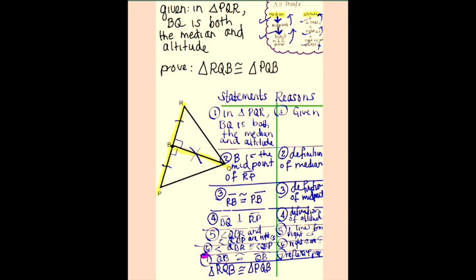So now, as I was saying, I have enough information to prove these triangles congruent. I have a side congruent to a side, an angle congruent to an angle, and then third side congruent to itself. So my last step would be side, angle, side, and these triangles are congruent because of the SAS postulate.